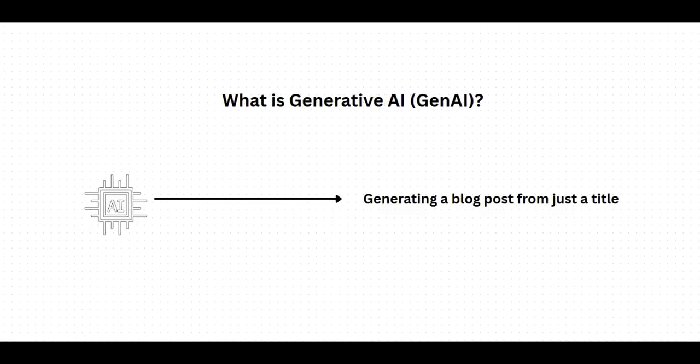On the other hand, generative AI is a newer field of AI that goes beyond analysis. It actually creates new content. As we discussed earlier, Gen AI can generate text, code, images, music, videos, and many more. It uses powerful models like LLMs, large language models, or foundation models, trained on massive data to generate content that has never existed before.